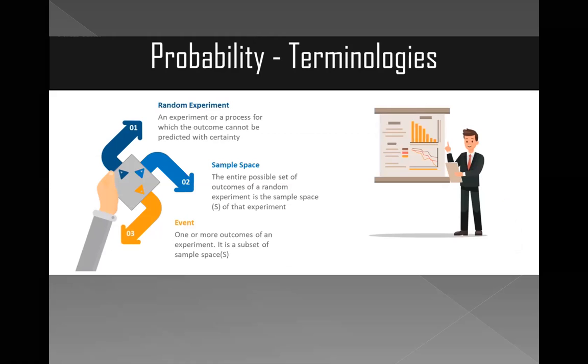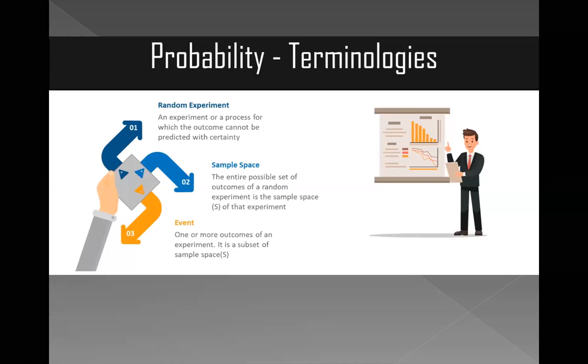A sample space is the entire set of possible outcomes of a random experiment. For example, if you are rolling a dice, we know we will get only 1 to 6, right? That is your sample space. Only the values 1 to 6 are possible, so we call that a sample space.